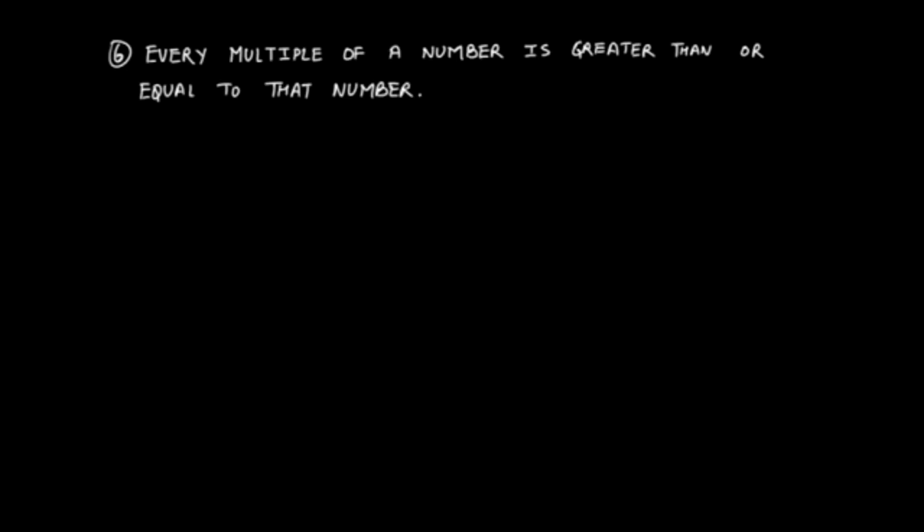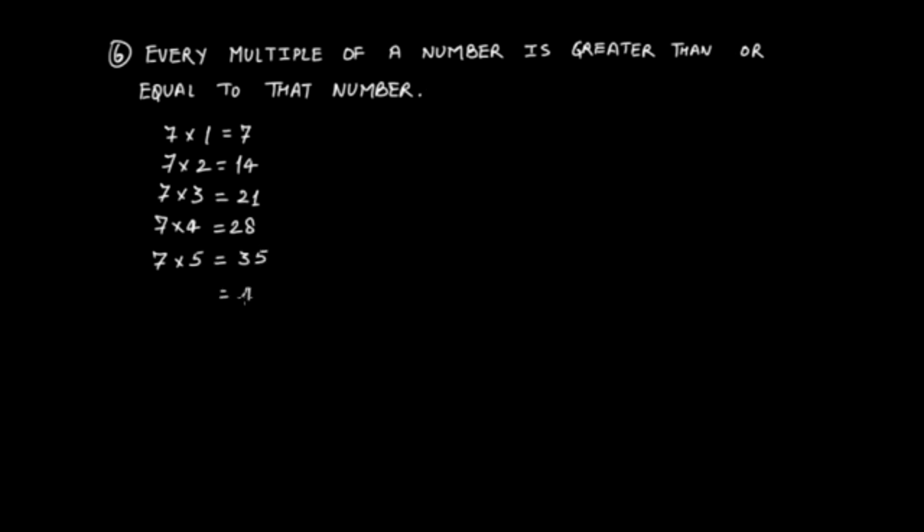Next point is every multiple of a number is greater than or equal to that number. Very simple. If I ask you to write the multiples of 7, you would say 7 times 1 is 7, 7 times 2 is 14, 7 times 3 is 21, 7 times 4 is 28, 7 times 5 is 35, and then you will get 42, then 49, and so on, right?